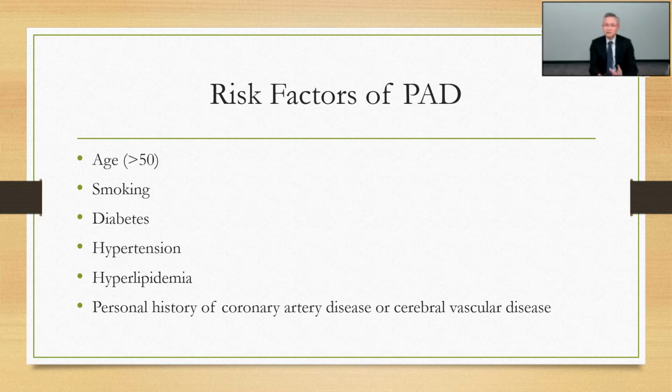And as I implied earlier, arterial disease is a more widespread disease in the entire body. So if someone has disease in the blood vessel, say the heart artery or blood vessel to the brain, they are more likely to have disease in other areas, like in the peripheral vessel.